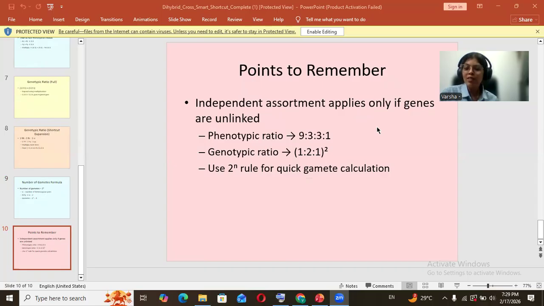And for the number of gametes calculation, whether it is a trihybrid cross or any other hybrid cross, just use the 2 to the power n formula, where n is the number of heterozygous pairs. You just need to quickly calculate how many different alleles there are for each character, write it down, multiply it by 2, and voila, that's your gamete calculation.